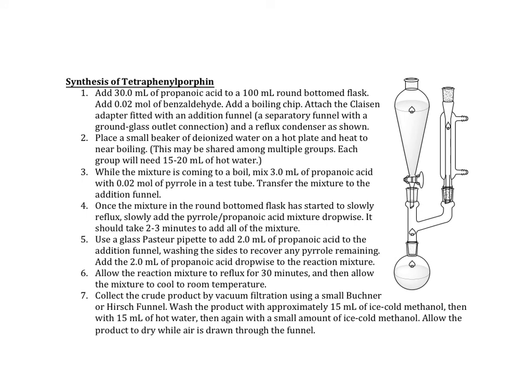And so if we look at the experimental details, a couple of things you need to think about. Note, I wrote this lab after a hint from Mr. Wyeth that it might be interesting. Note, they tell you how much propanoic acid to add, but they don't tell you how much benzaldehyde to add.